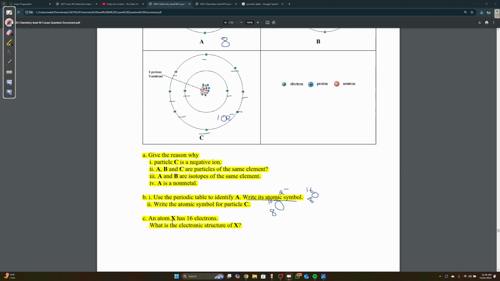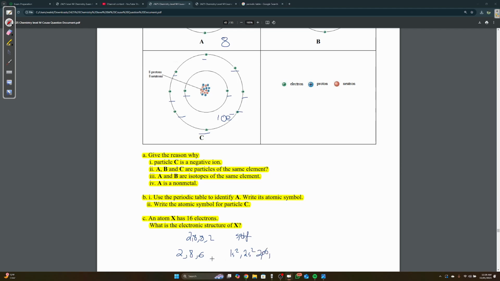An atom X has 16 electrons. What will be the electronic structure of X? We start with the 2, 8, 2 method. It's going to be 2, 8, 16 minus 10 is 6, so 6 left over. Using SPDF, it's going to be 1s2, 2s2, 2p6.